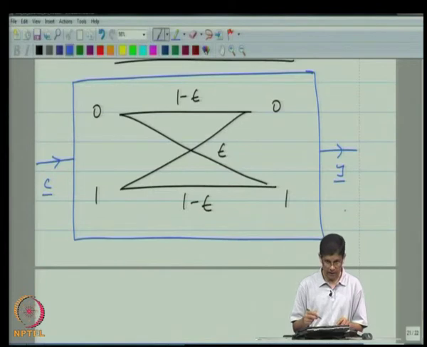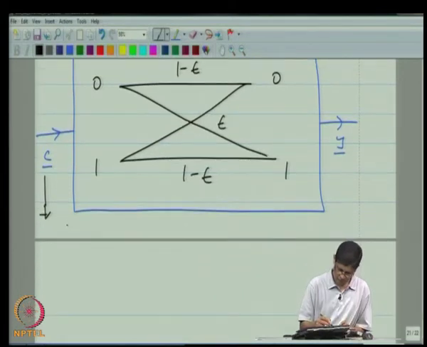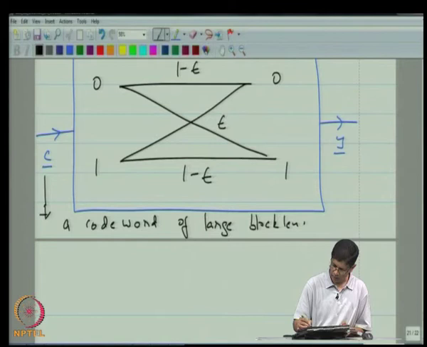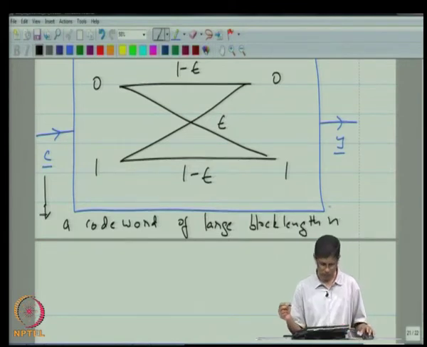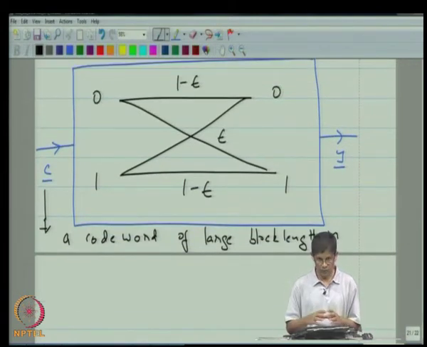Now, this code has large block length n. So, we are going to send n symbols across the channel, and the binary symmetric channel is going to corrupt some of those code symbols.